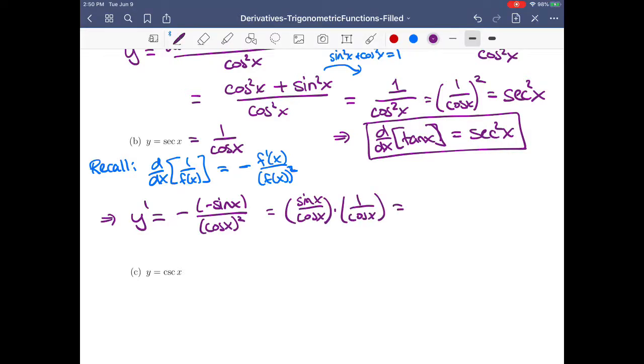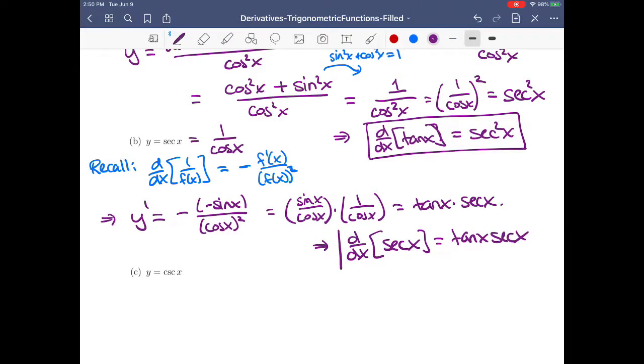So it's actually tan x times secant x. So the derivative of secant x is tan x secant x. Like I said, you don't need to remember all of these because you can compute them using just the derivatives of sine and cos.